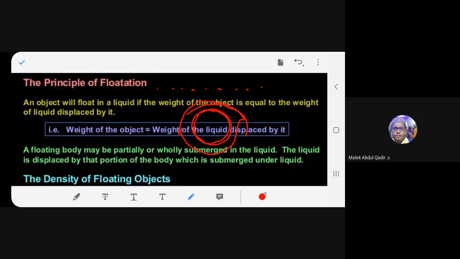But when the mug gets filled up with water, the level of the water becomes the same. That shows that whenever you're immersing or submerging an object in water, the volume of water displaced equals the volume of the object.